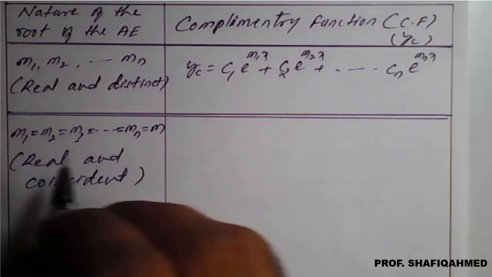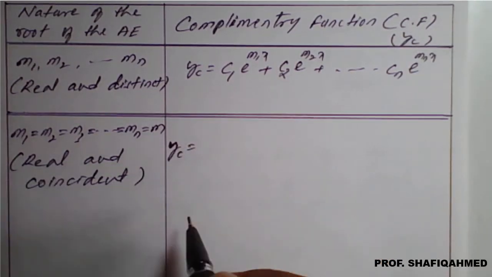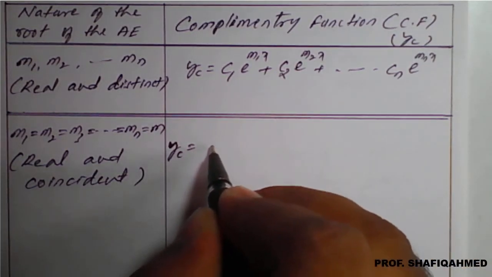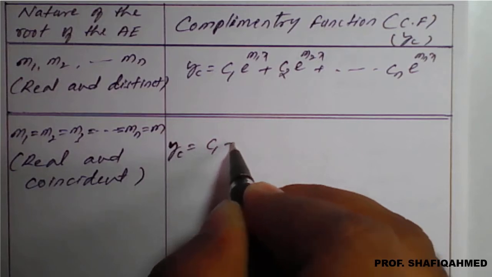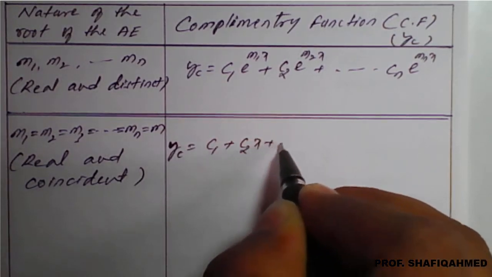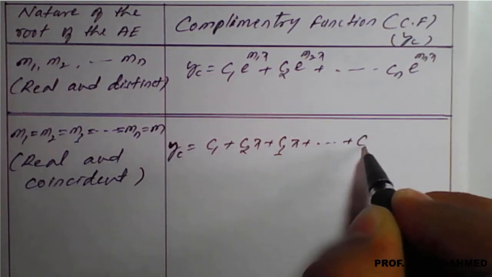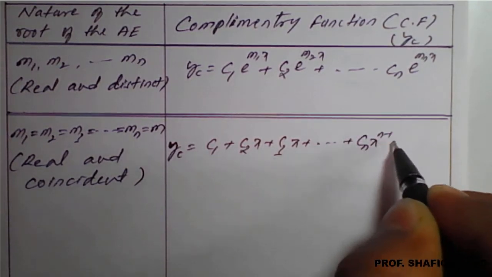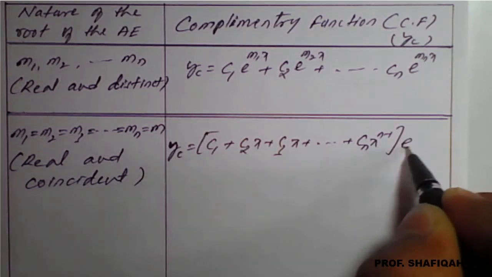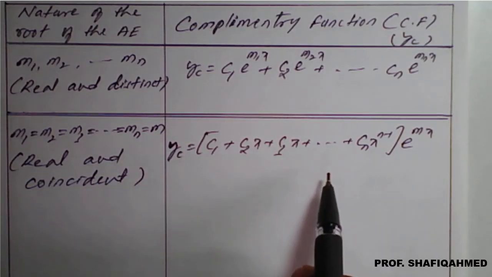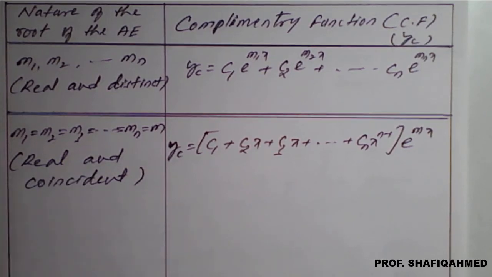Coincident means same. Therefore, the complementary function yc, or CF, is written as c1 plus c2x plus c3x squared plus so on, cn x raised to n minus 1, into e raised to mx. So this is the complementary function for real and coincident roots.